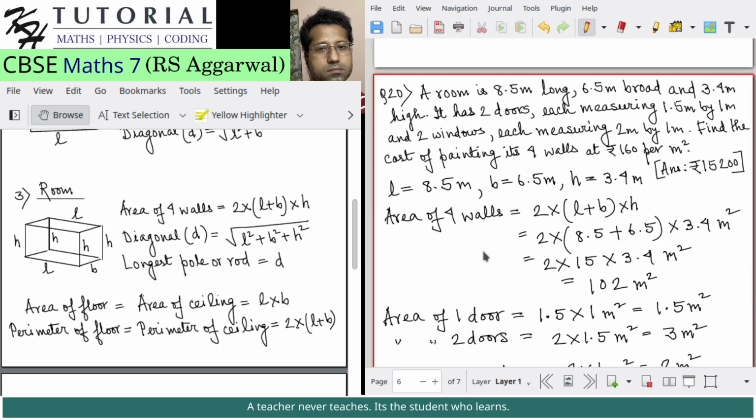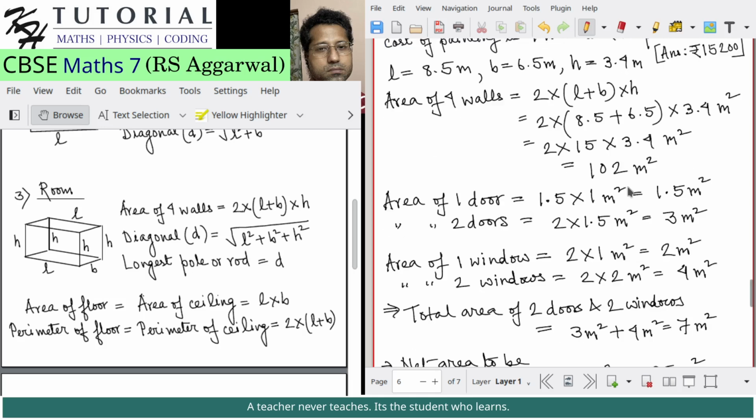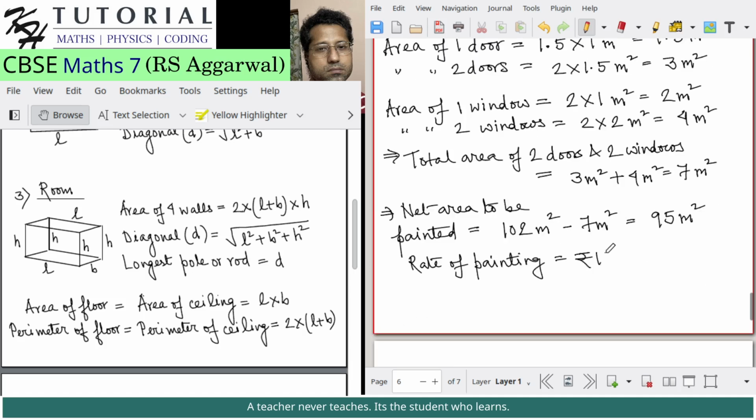Find the cost of painting the four walls at rupees 160 per meter square. So rate of painting is given to be rupees 160 per meter square.